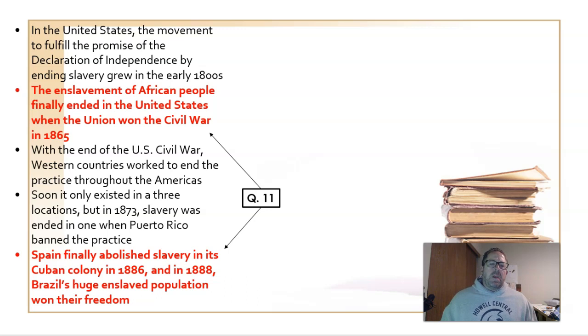Also, I want to talk about slavery ending in the United States. In that period, where there were abolitionists in Great Britain, there were also abolitionists in the United States, especially in the northern states, and they had religious convictions as well, and saw it as a grave sin, and a blot against the United States.